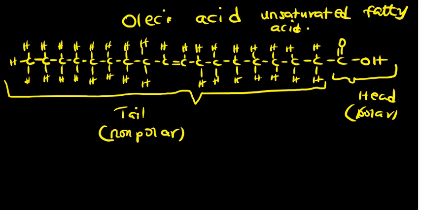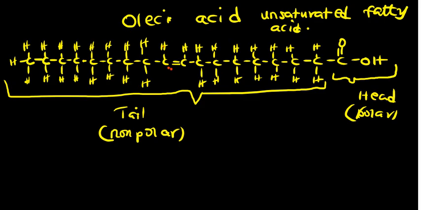So fatty acids can be called cis or trans according to how you put the hydrogens on this double bond here. When you have hydrogens put on the same side, we call it cis. Like this one, it's a cis because of these hydrogens, since they are on the same side.